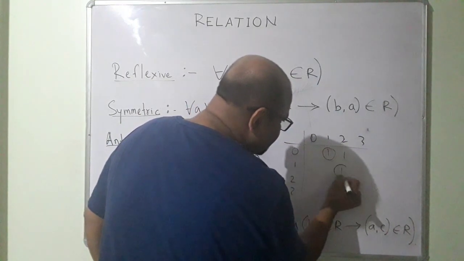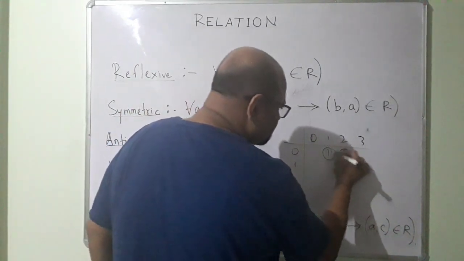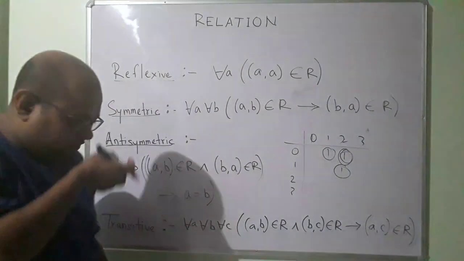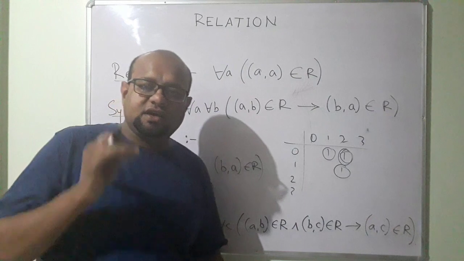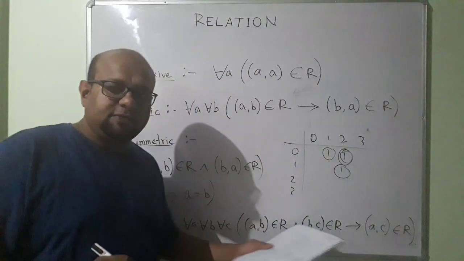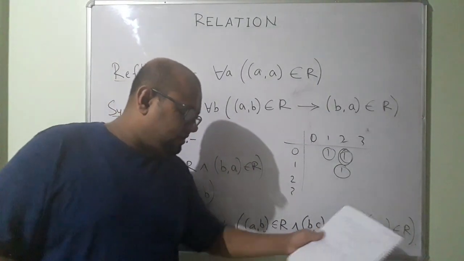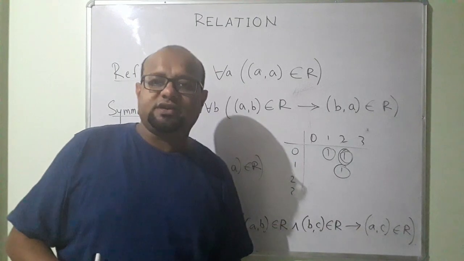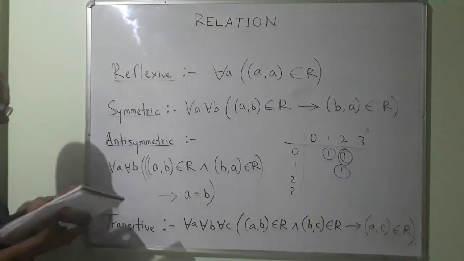This and this being in the relation implies that this would also belong to the relation. So for any AB in the relation and BC in the relation, the transitive property means that AC should also be there. This is transitive.